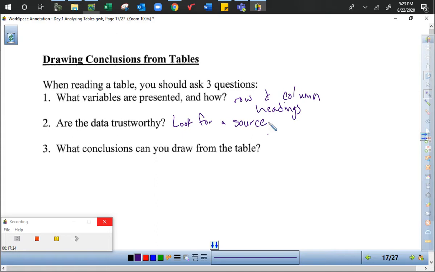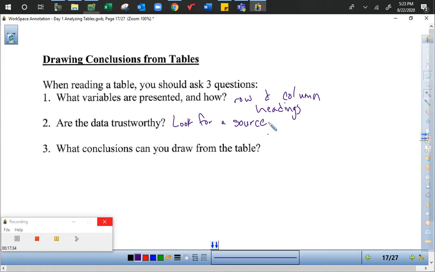But look for a source, but also make sure it's relevant. Let me give you an example. If I was doing a survey on nutritional facts for some of the snacks that people have in class, it wouldn't be a good source for me to ask the Department of Education about that, because they don't have specific data on that.